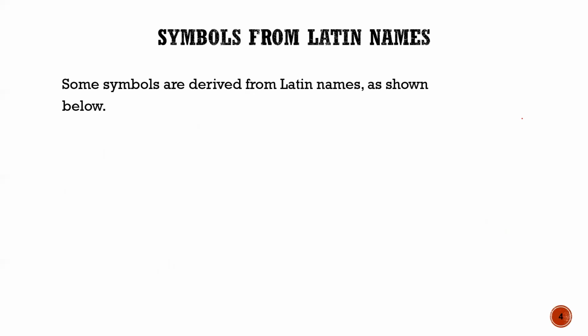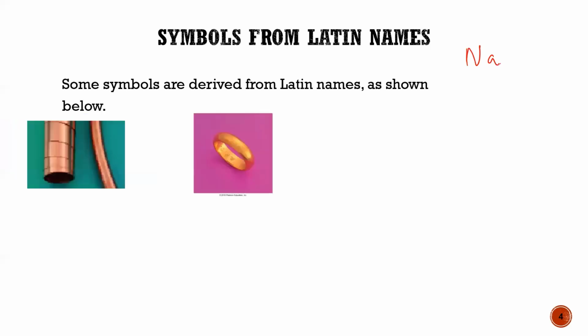So why did we have such weird symbols like Na for sodium? You would think it would just be S, but you have to realize the English language isn't the first language. A lot of the names and symbols are derived from previous languages like Latin, Greek, Arabic. So we have to be aware that some of the symbols aren't consistent with the current use of the English language.